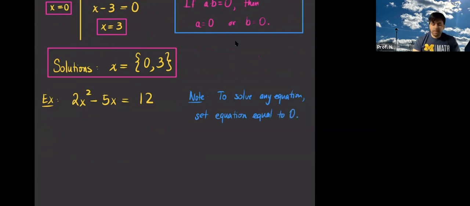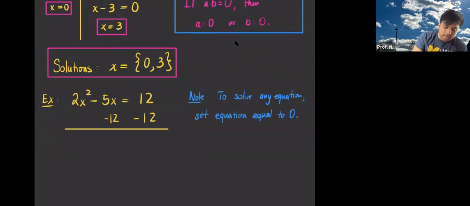So the first order of business is to set it equal to 0. So subtract 12 on both sides. When I subtract 12 on both sides, what happens to the right-hand side? It becomes 0. And the left-hand side becomes 2x squared minus 5x minus 12 equals 0.